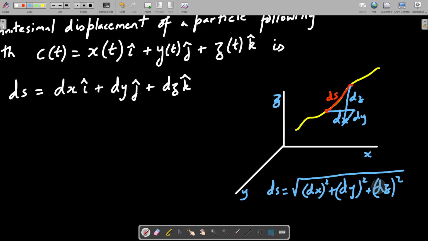The distance ds is nothing but the combination of the individual changes in x, y and z. In other words, you can think of this as x1 minus x2, y1 minus y2 and z1 minus z2. So the length from point A to point B will be the square root of the sum of the squares: x1 minus x2 the whole square, y1 minus y2 the whole square and z1 minus z2 the whole square. Okay, so that will give me the ds over there. Yeah, so this is the length over here, ds.